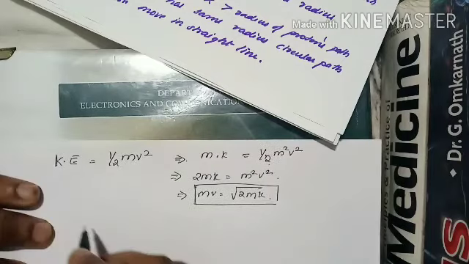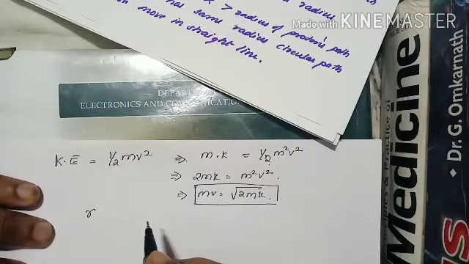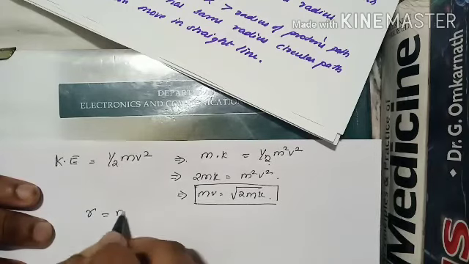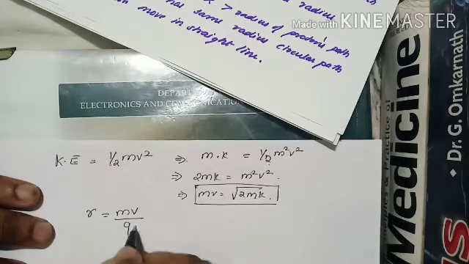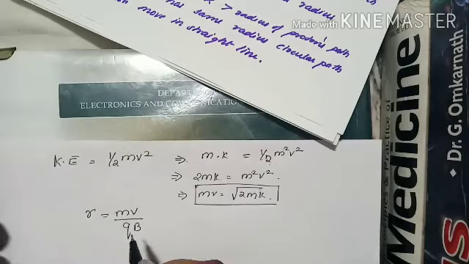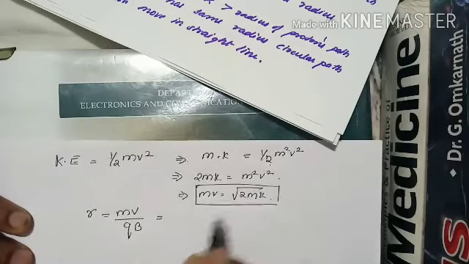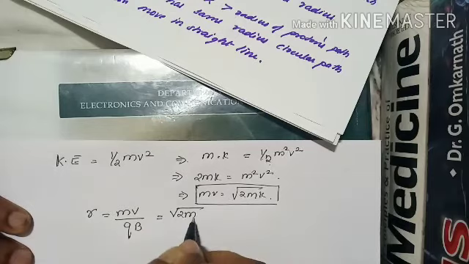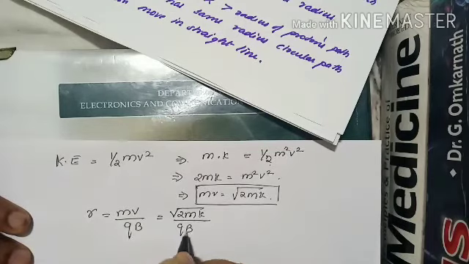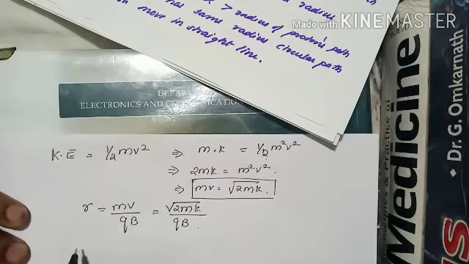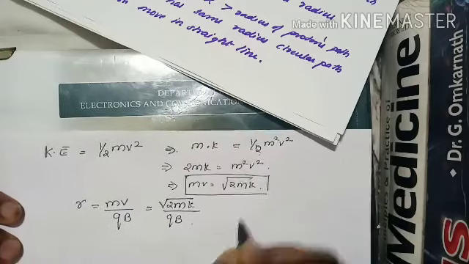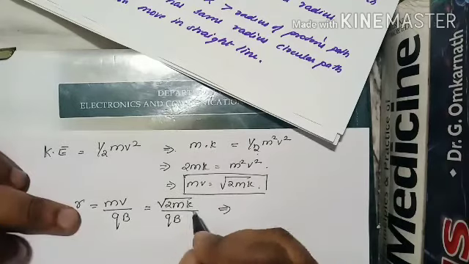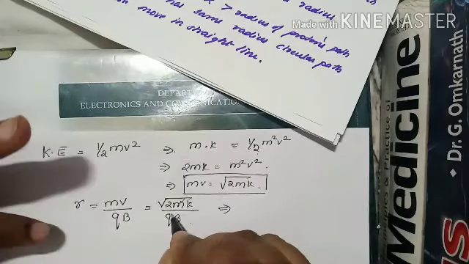Now you are asked the relation of radius, right? So radius of any charged particle's path is mv/qB. We have derived this equation. Now in place of mv, I'm going to write this parameter, that is root 2mK/qB, right? Now we are given the mass value and charge value, right?